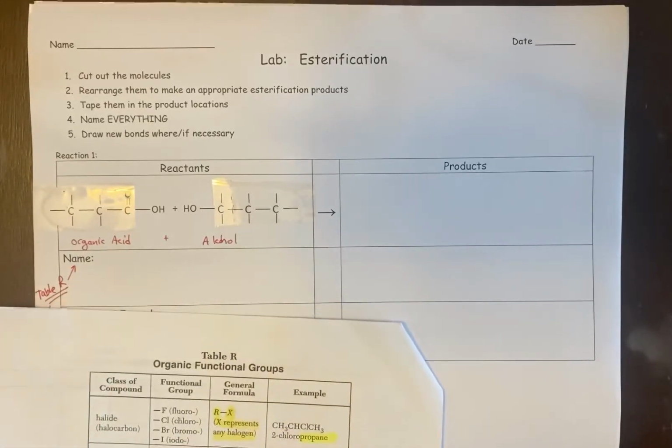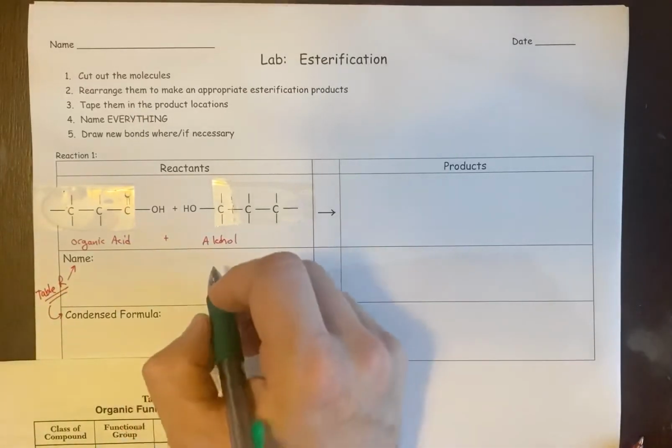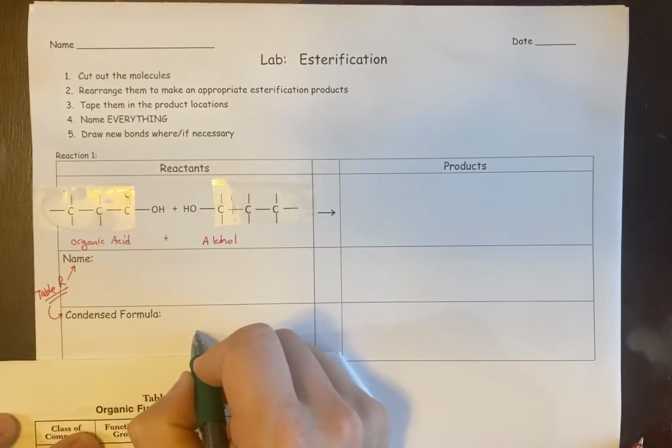Now, how do you condense these? You condense them the exact same way they condense them on table R. For propanoic, it's there. For propanol, or 1-propanol in this case, I'm going to condense it this way.